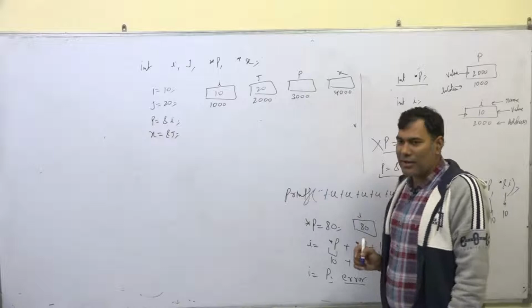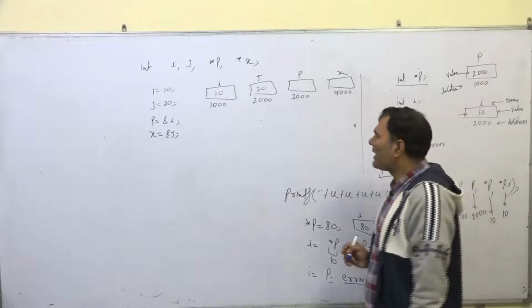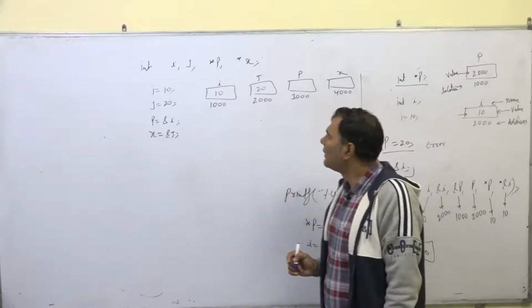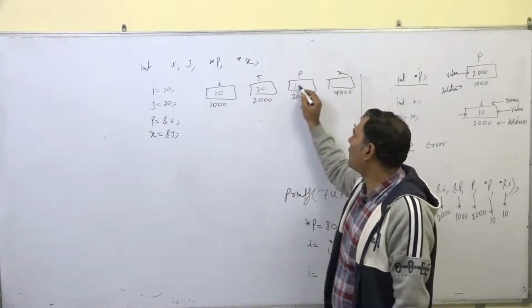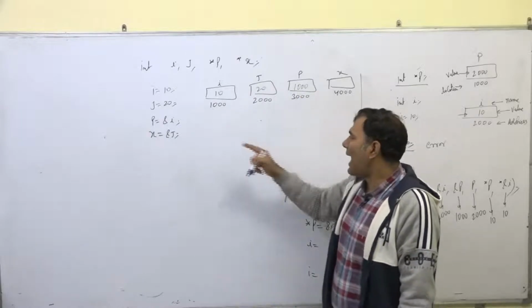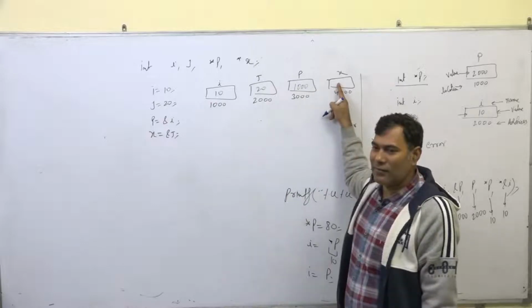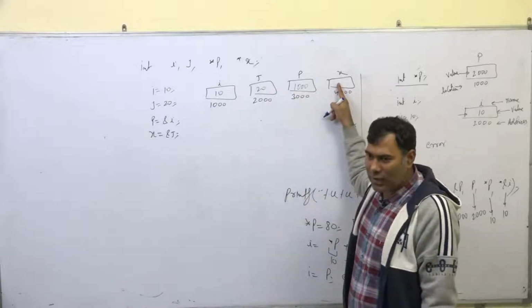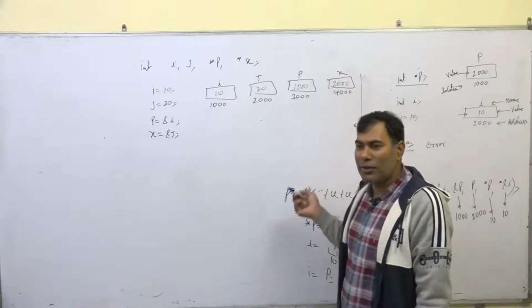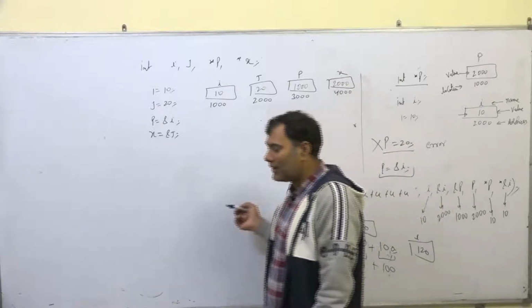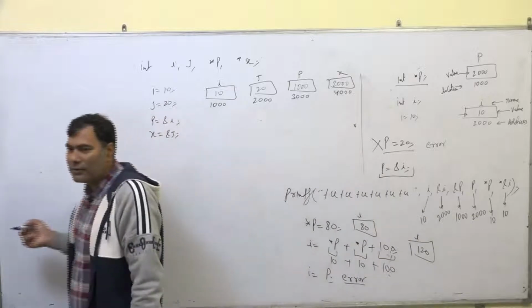P equal to address of I. What is the address of I? 1000. So we need to store 1000 here. In x, what kind of value can we store? 2000. And it is correct. Why? A pointer can hold only an address. You cannot give another kind of value.